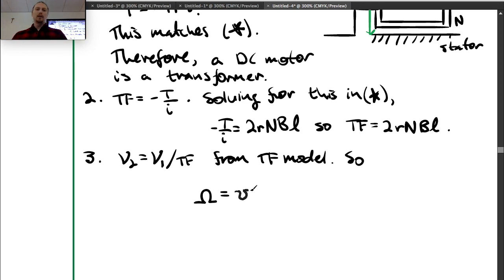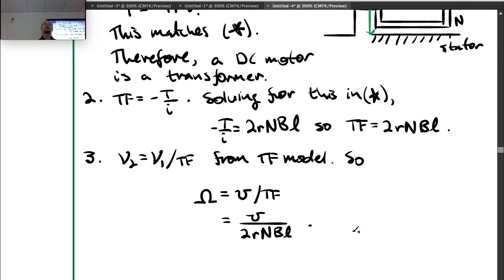Voltage. So voltage divided by TF, which is just V over 2R and BL. And that is the relationship.